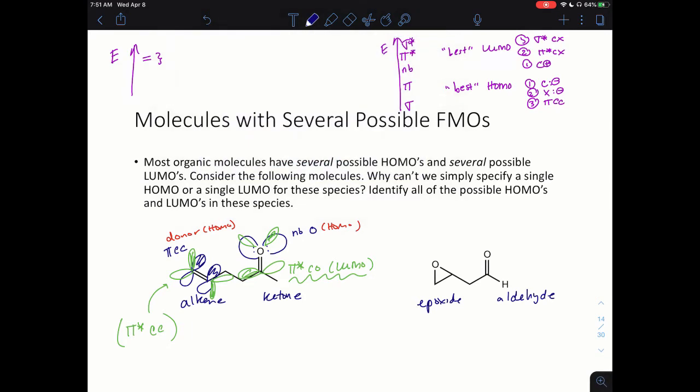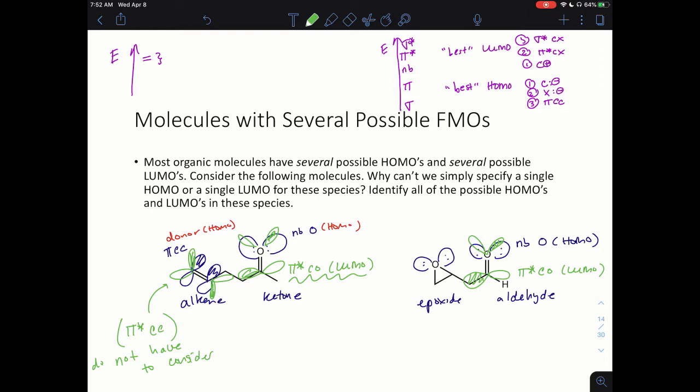All right, for the next molecule, HOMO, well, we have a bunch of lone pairs on these oxygens. And then for LUMOs, we have a couple options. We still have pi star CO as our LUMO. I don't know why I'm drawing such ugly pi stars. Whereas probably we didn't have to consider the pi star CC, I know you don't understand why.